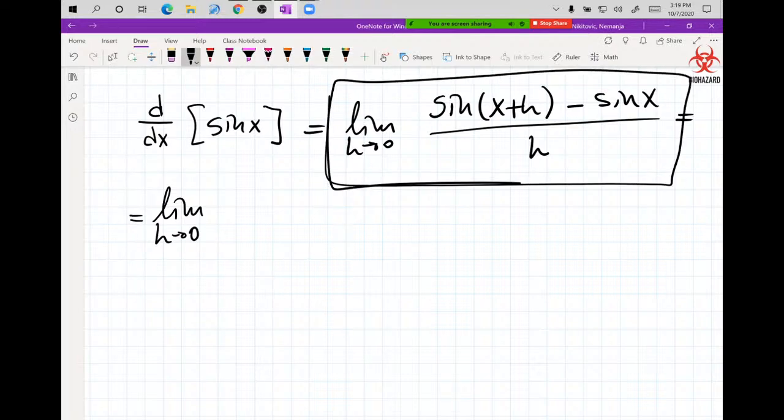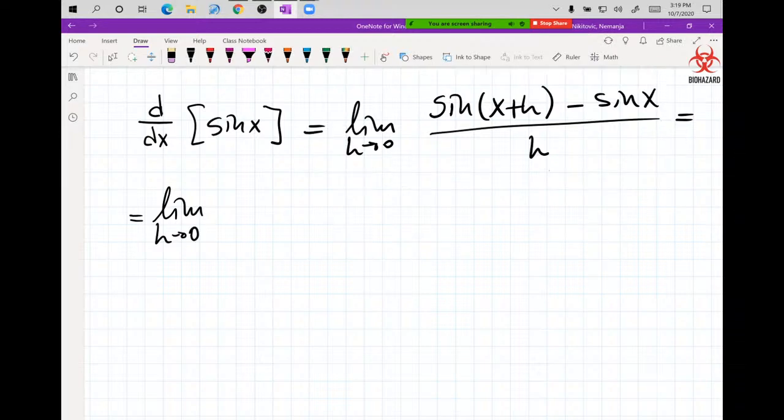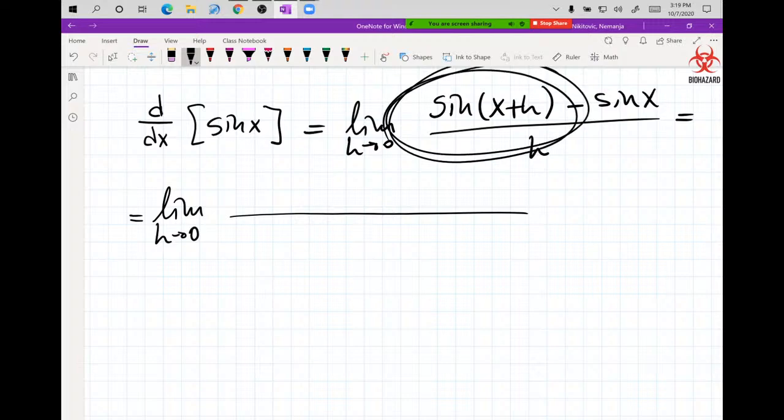This over here is a basic chapter 2 problem. That's it. This is a chapter 2 problem, and you are supposed to solve this. Now, the only thing you can do here is to use the sine of x plus y, or alpha plus beta, or a plus b, whatever.